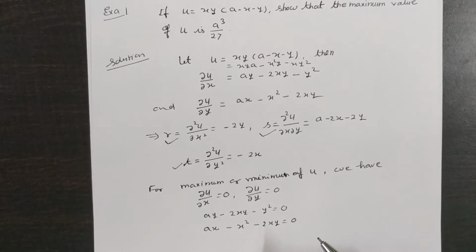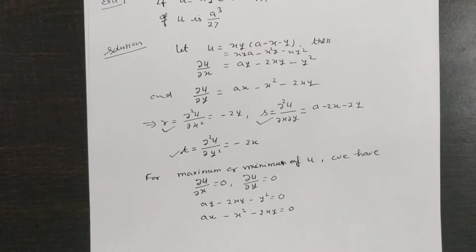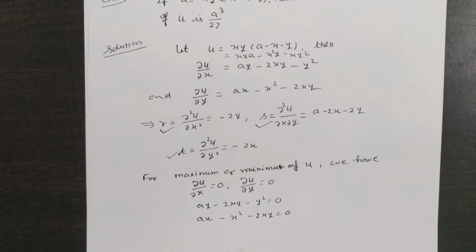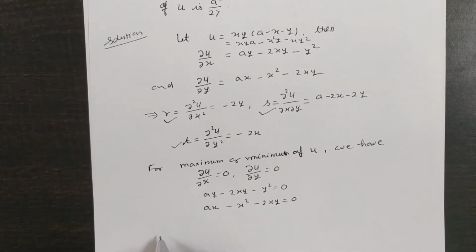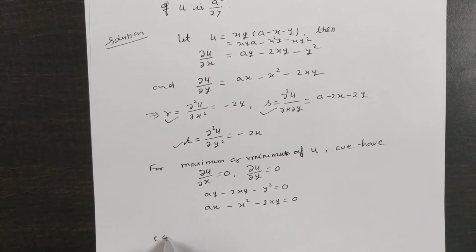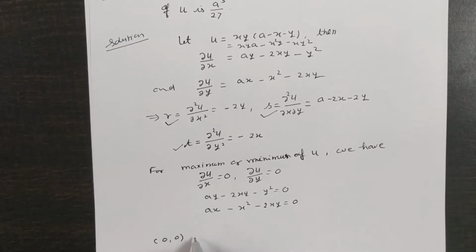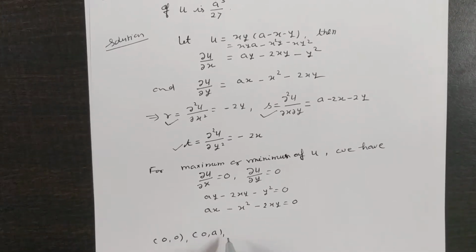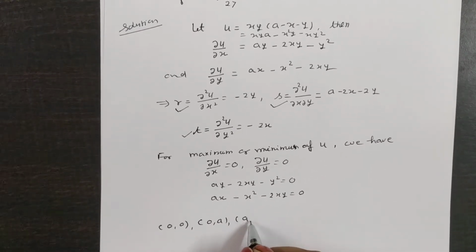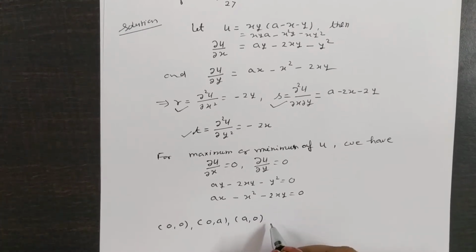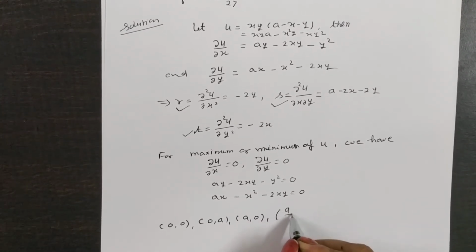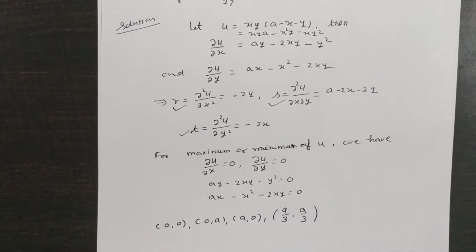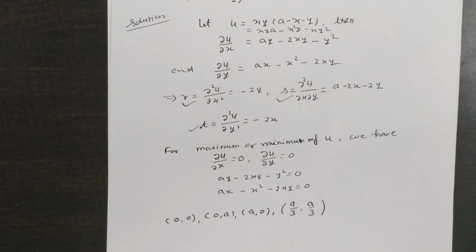On solving, you get the points (0, 0), (0, a), (a, 0), and also (a by 3, a by 3). Are these clear?